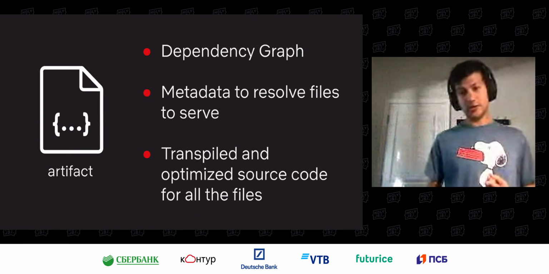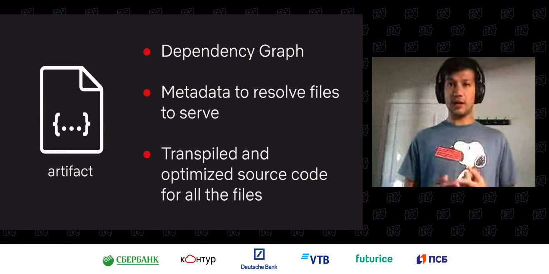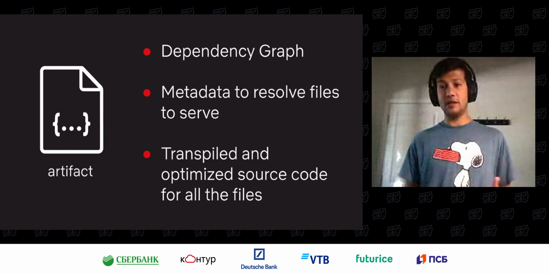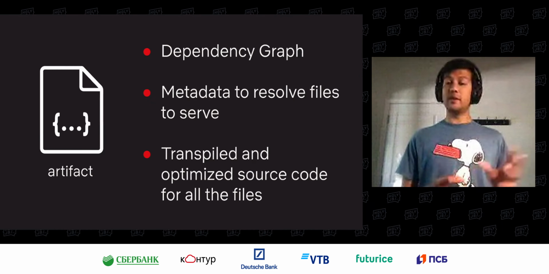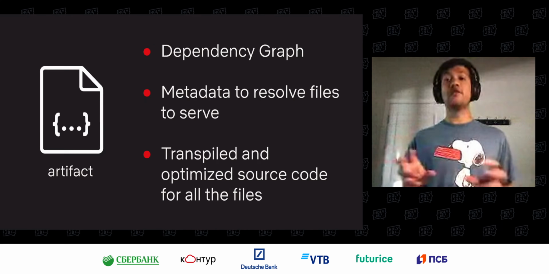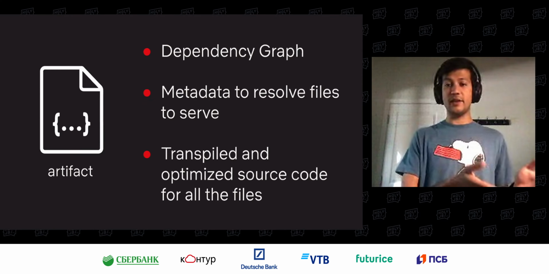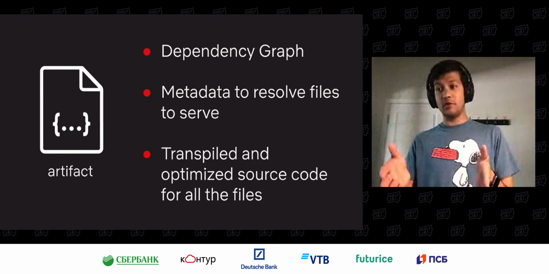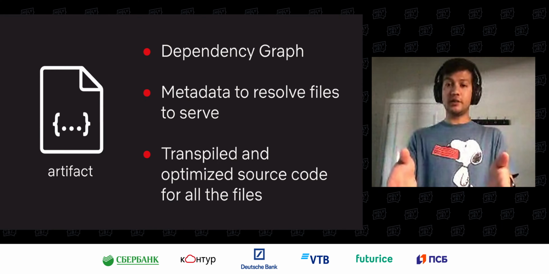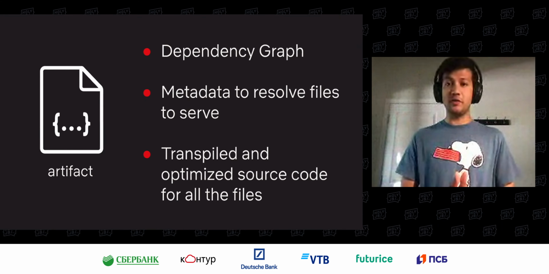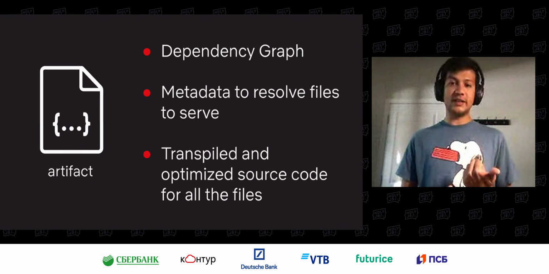First and foremost, this artifact should know the dependency graph. When I say dependency graph, all I mean is the relationship between the different files in your source code. In our case, app.js depends on the new search component or the current search component, based on which path we take. That's the dependency graph.